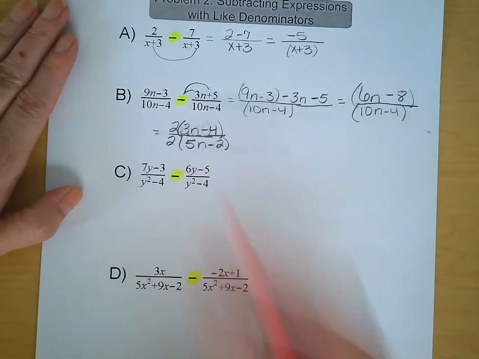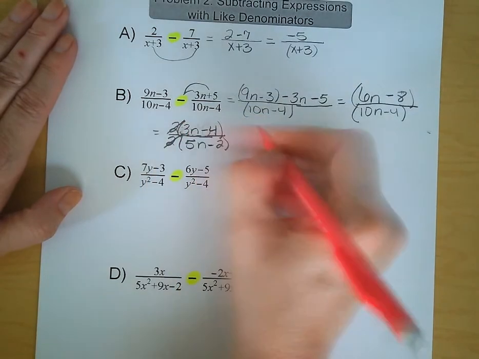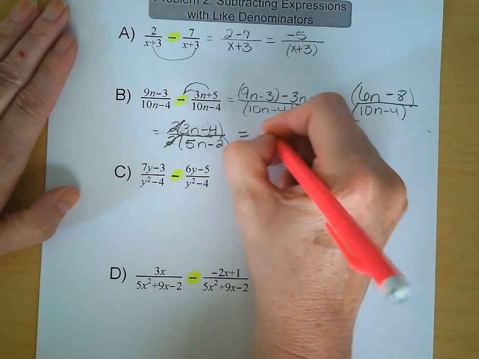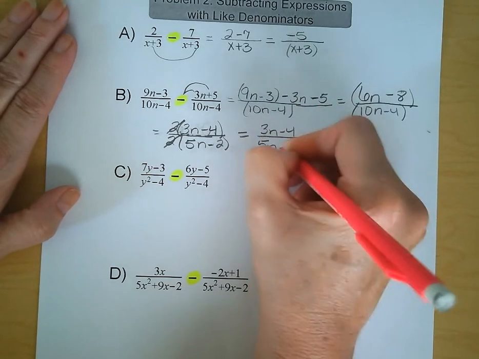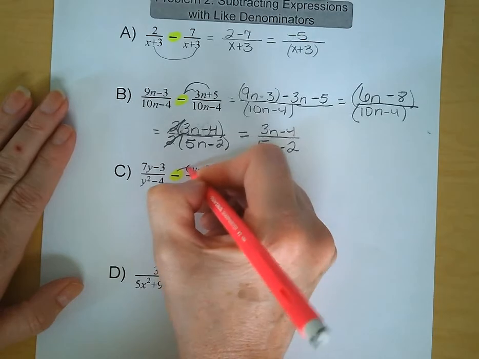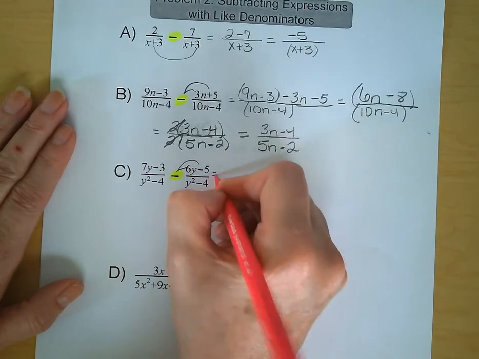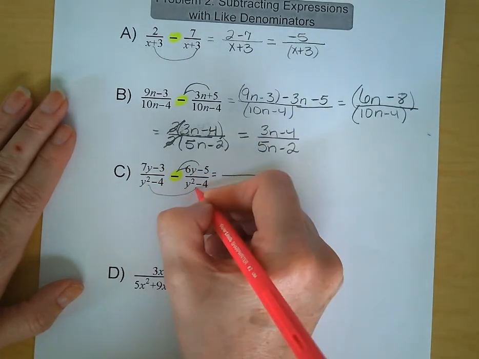And that can be simplified to just 3n minus 4 over 5n minus 2. Make sure you guys are simplifying. Make sure you're looking for those things that can be reduced.